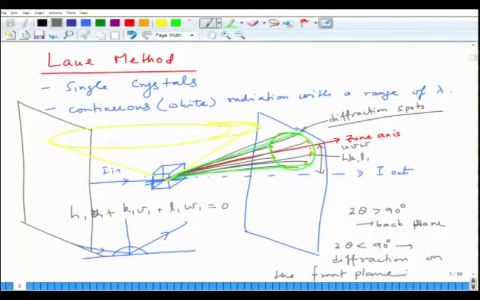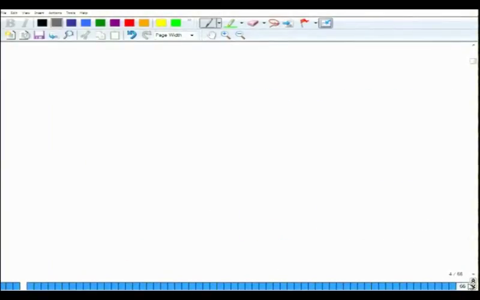So this is the Laue method, which is typically used for applications like determining crystal orientation.